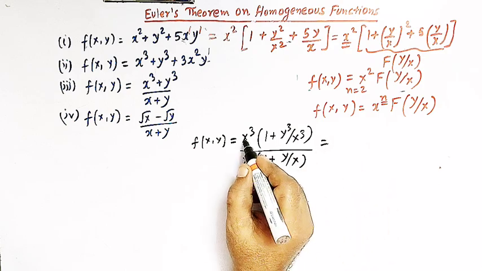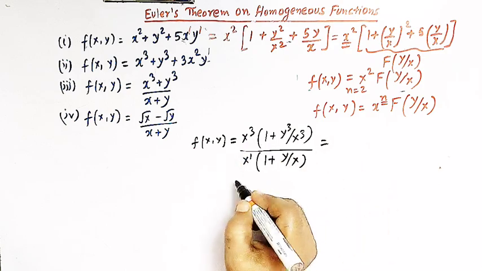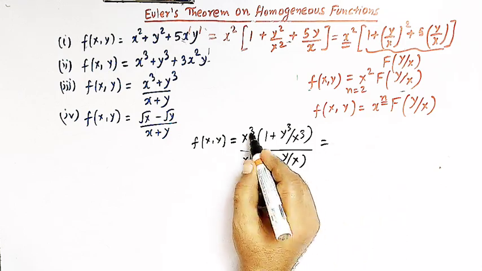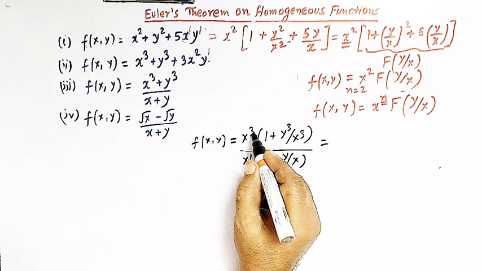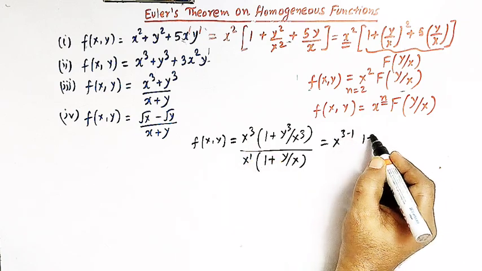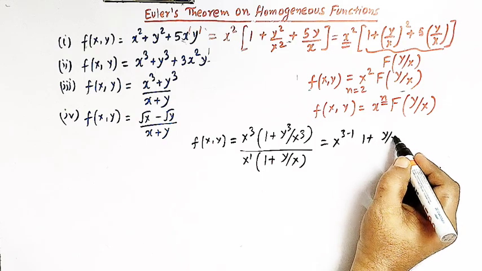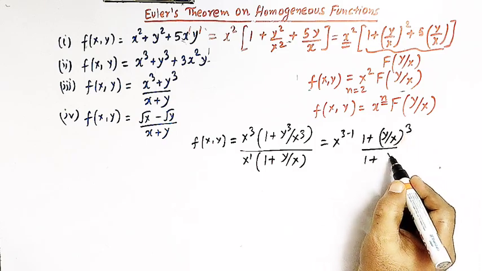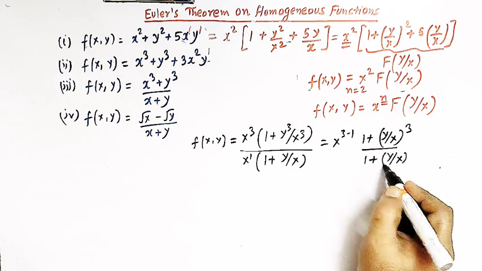So now here we have x cube and here we have x raised to 1. Using the laws of exponents, we have x raised to 3 minus 1, and then 1 plus y over x whole cube over 1 plus y over x.